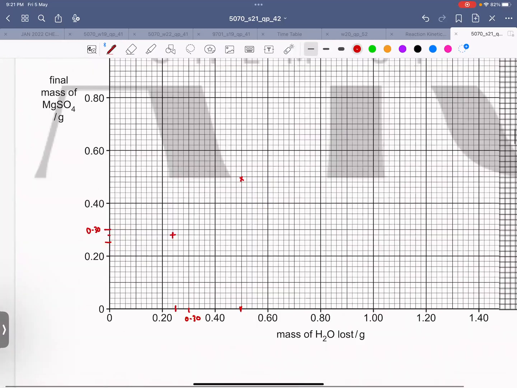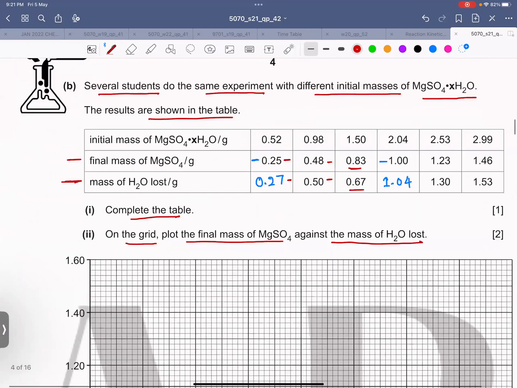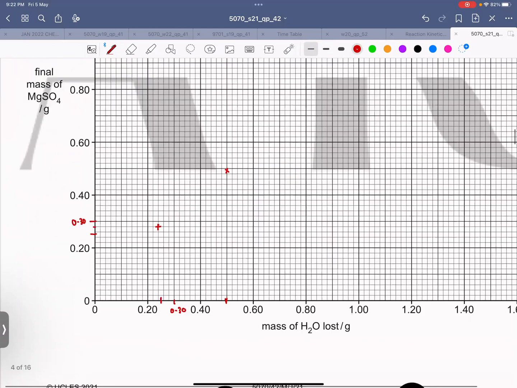Then we have 0.67 and 0.83. 0.48 and 0.50.